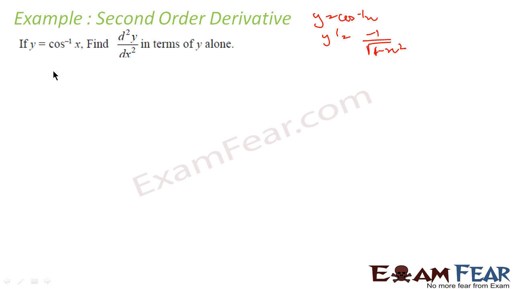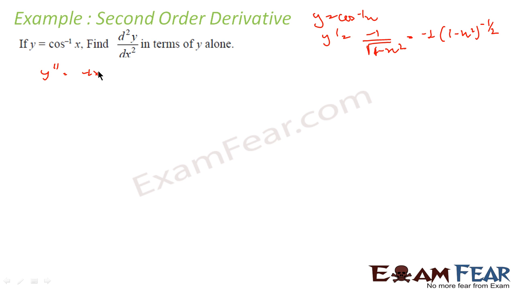So if this is my y dash, y double dash is also not that difficult, because it is nothing but minus 1 into 1 minus x square to the power minus 1 by 2, correct?